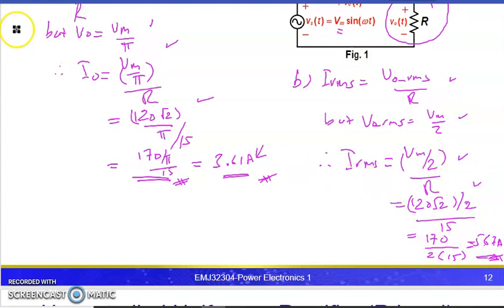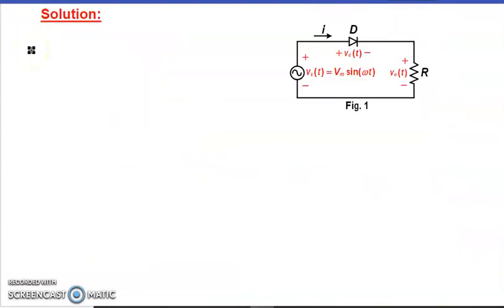Okay, for C, what is the power absorbed by the load, P load? So P equals I squared R, or P equals V squared over R also can.